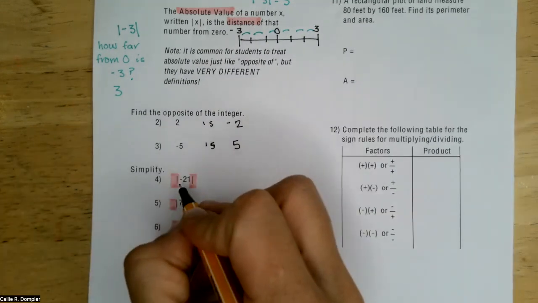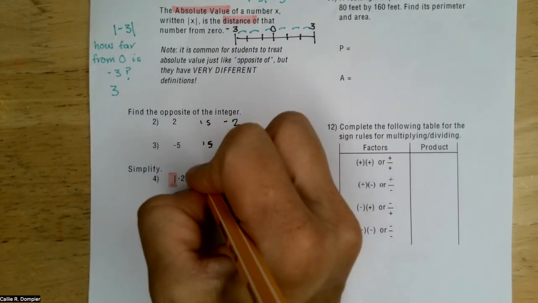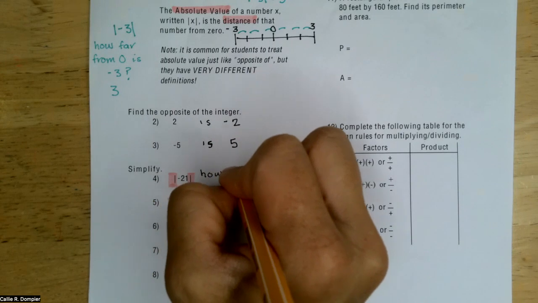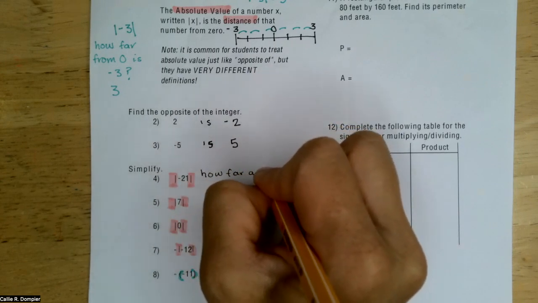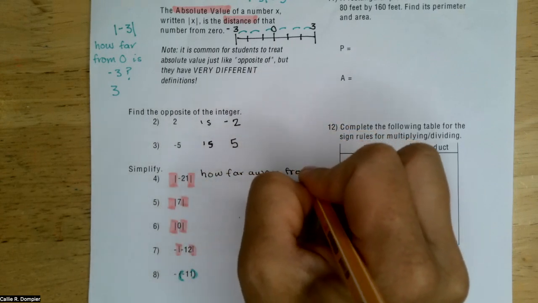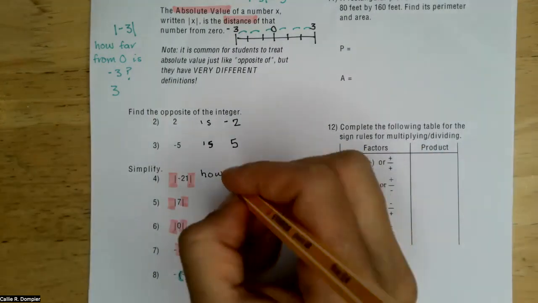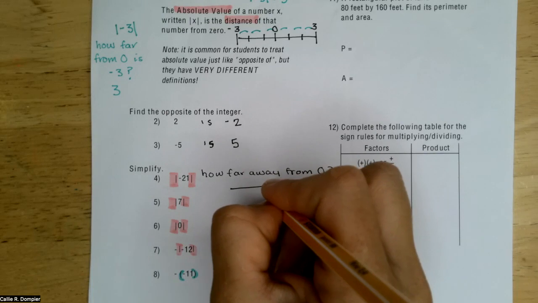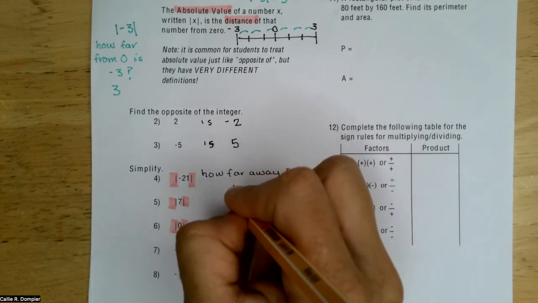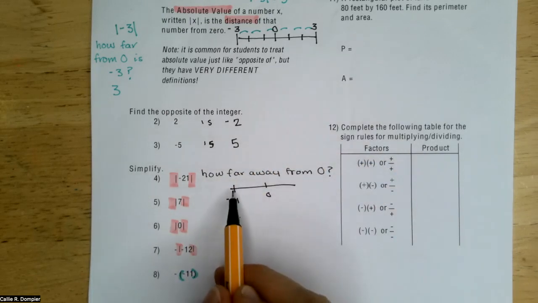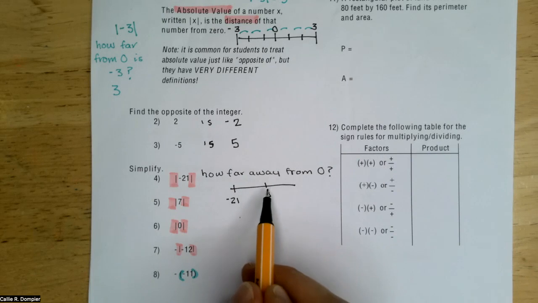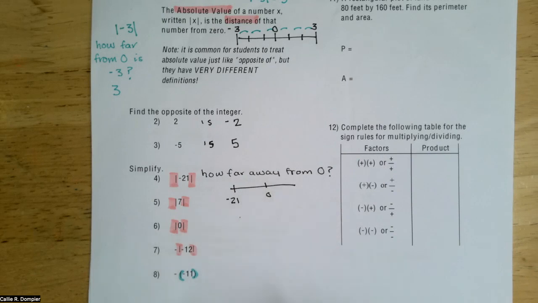Okay, so the absolute value means how far away from 0 on the number line, right? Here's 0, here's -21. If I count between -21 back to 0, I'm going to go 21 units. Good.